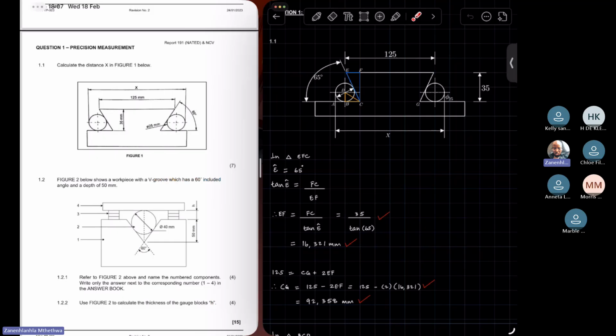So the diameter is 25 millimeters. It means the radius is 12.5. So we have the distance AB, which means we have this distance as well. So the only distance to calculate here is BC, which will inadvertently give us this distance. And then of course we have to calculate this distance as well. So in order to get x, you must have calculated this distance, BC, as well as CG.